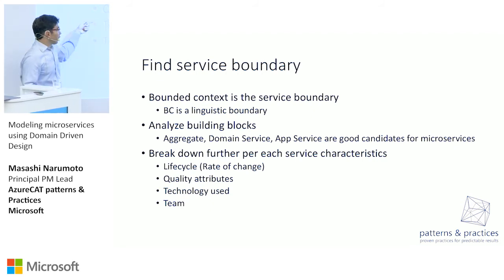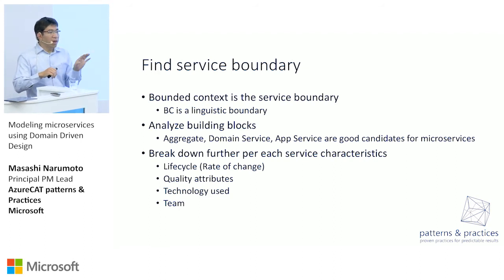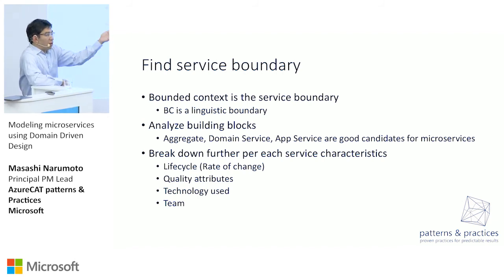And same with quality attributes. If features A and B are living in the same service but have different scalability requirements, A needs to be scaled out significantly, like 10 times more instances, versus feature B, which is kind of fixed. You don't need to scale.